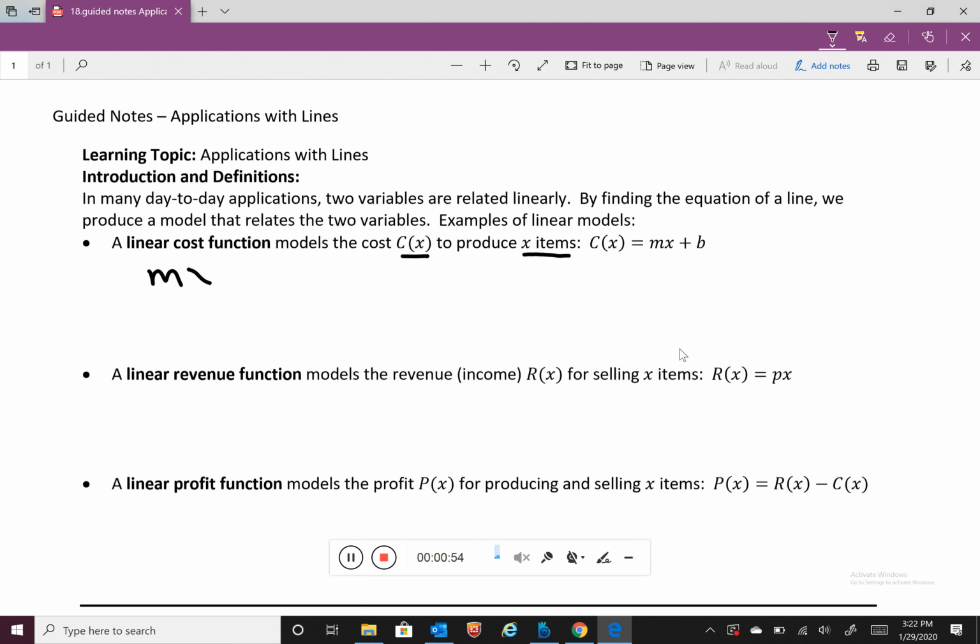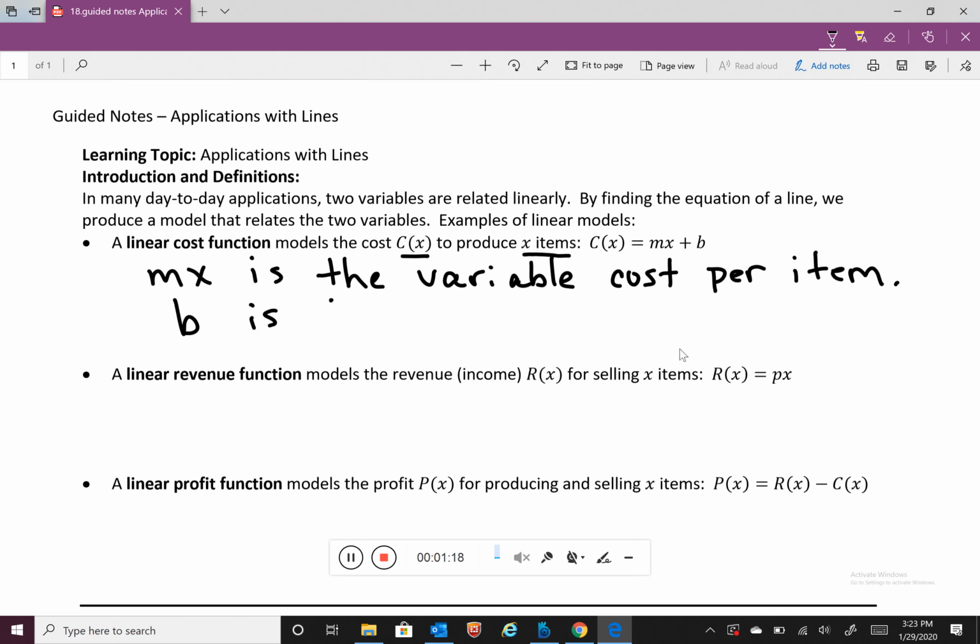M times X is the variable cost per item, meaning for each item. B is the fixed cost, and we'll see an example of that in a little while.